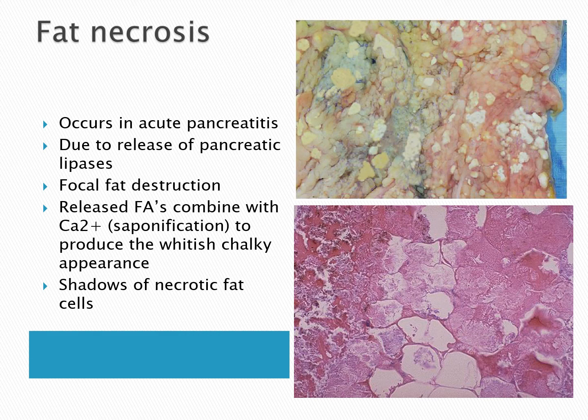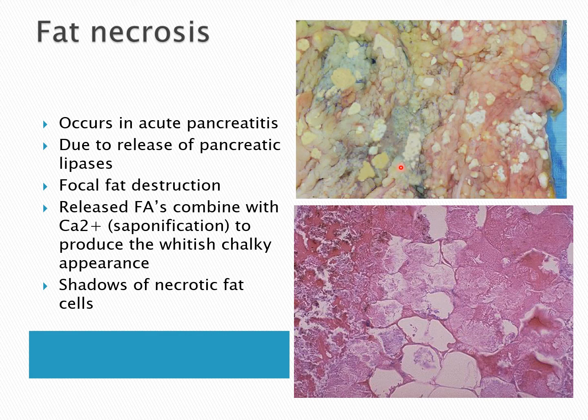These fatty acids, when they are released, can bind to calcium. They attract calcium, leading to the appearance of these calcified whitish foci. Here, they look like chalky material, and they help the surgeon and the pathologist to identify the fat necrosis. This is called saponification: when the calcium is attached to the fatty acids.